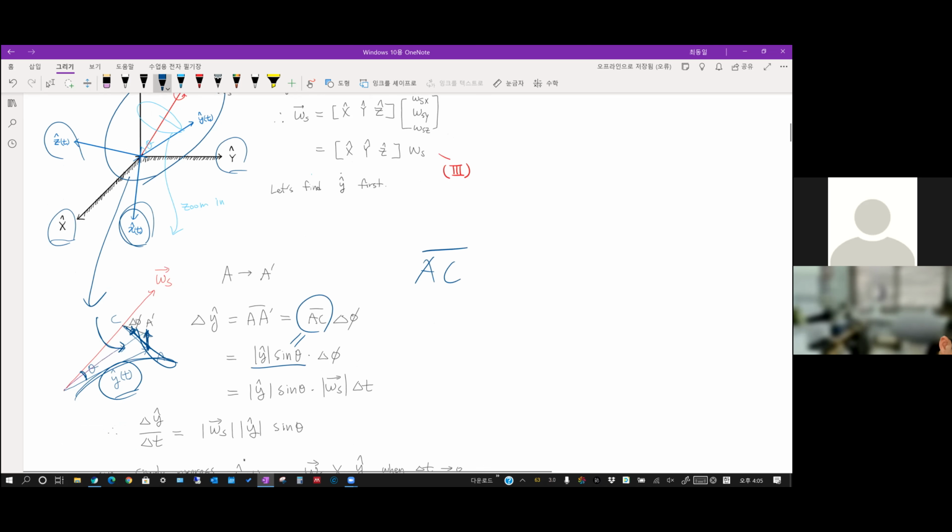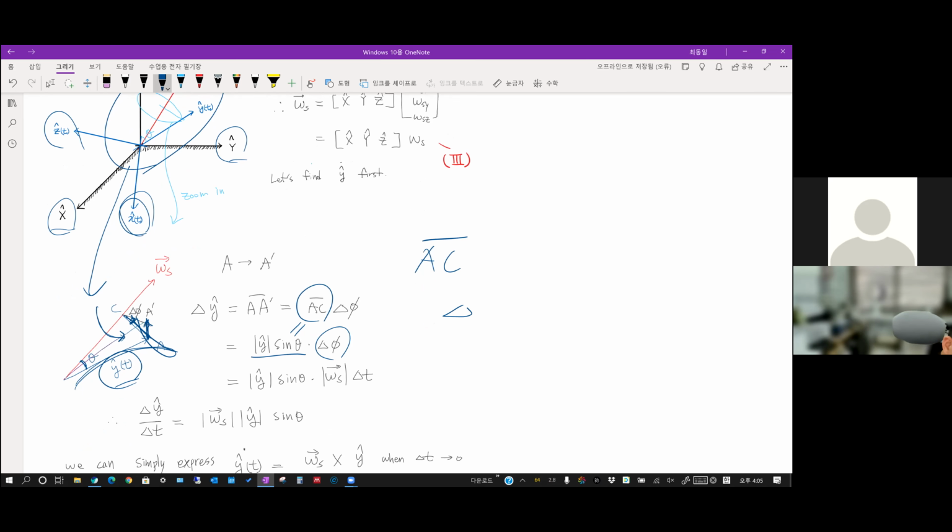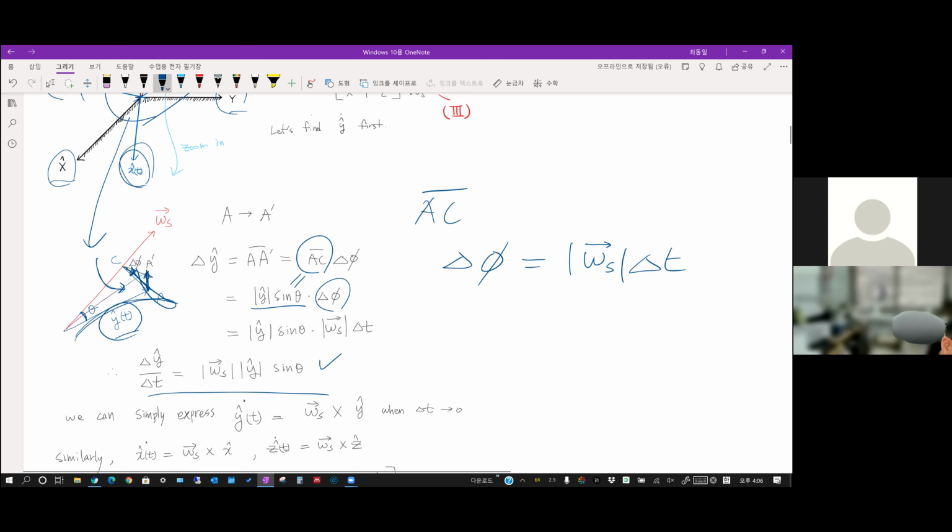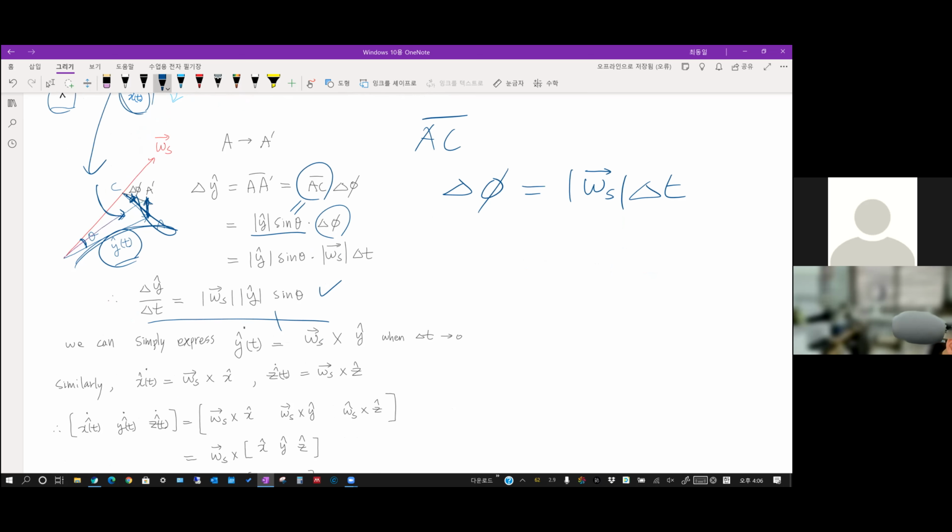And then this delta phi equals the size of omega s times delta t. So using this, we can calculate delta y over delta t like this. And this expression is the same as omega s cross product y hat when delta t goes to 0.